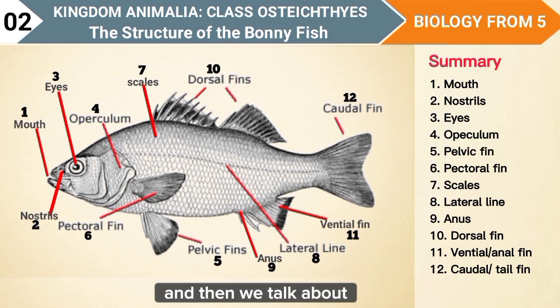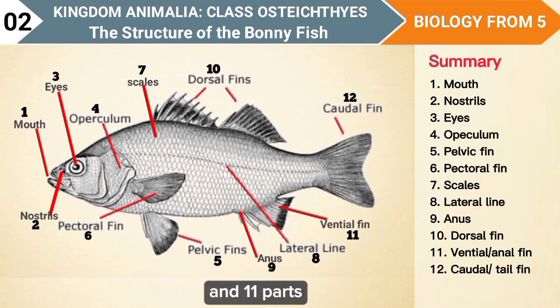And then we talked about the 10th and 11th parts, which are the unpaired fins, which serve for stability in water, controlling of rolling in water, controlling of yawing in water. So the 10th part, the 11th part, the 12th part, they play this role: stability, control of rolling, control of yawing. So this is it for the structure and functions of the parts of a bony fish.